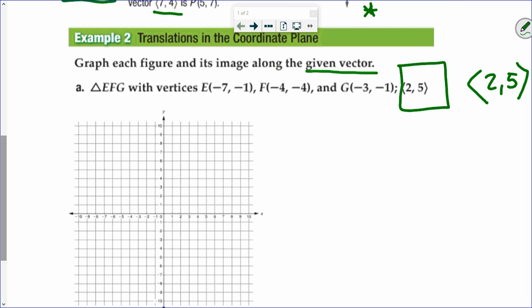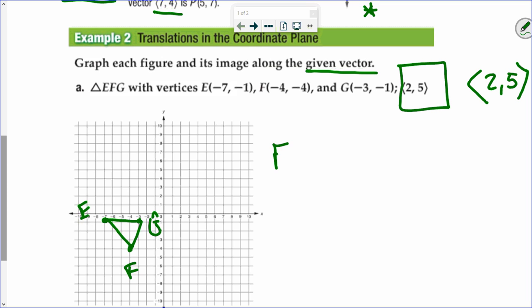Let's graph triangle EFG: E at (-7, -1), F at (-4, -4), and G at (-3, -1). We want it to move along the vector <2, 5>.